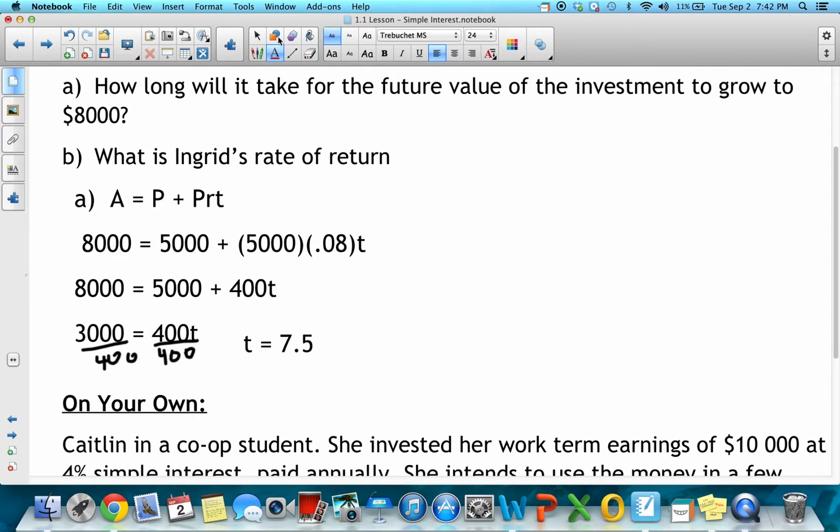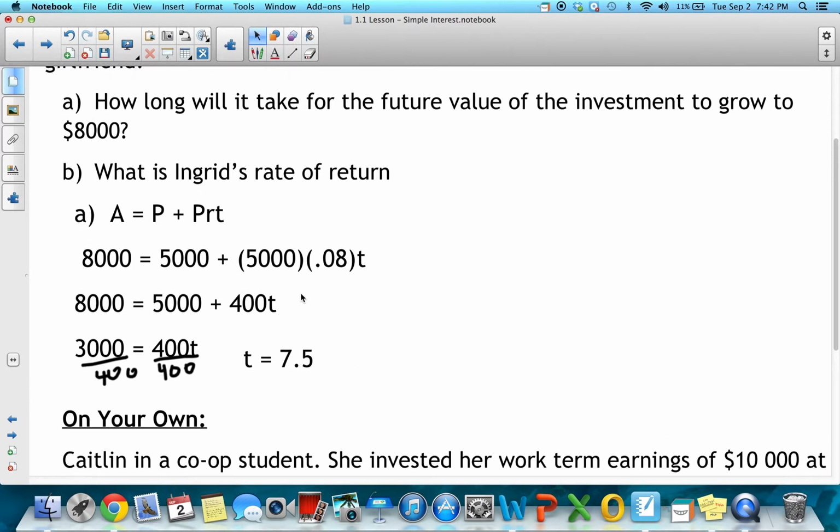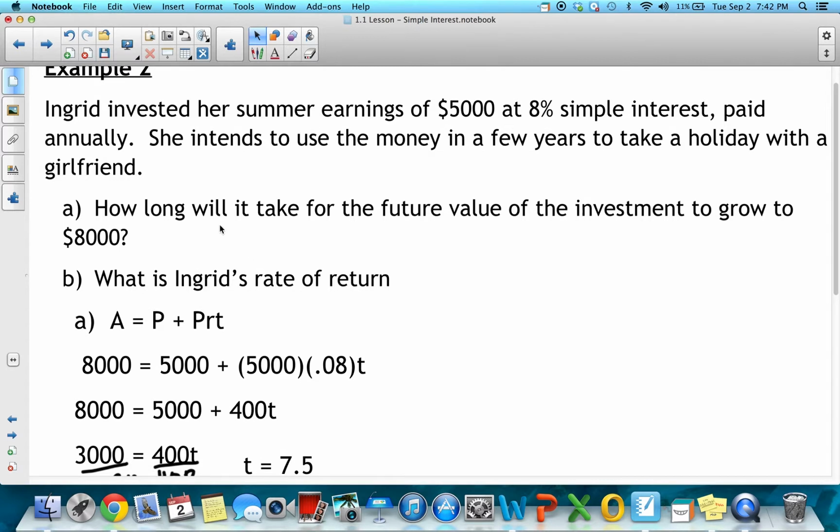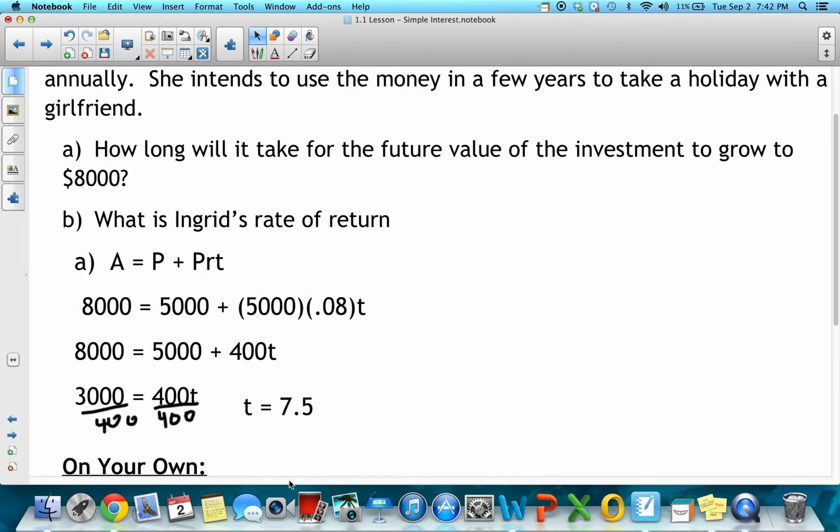Now, something you really have to pay attention to in these questions is how often interest would be paid out or accrued. Here, it tells us that the interest is only paid annually. Because that's paid annually, and the time that she would need to collect $8,000 is 7.5, it's more than 7 full years, less than a full 8 years.